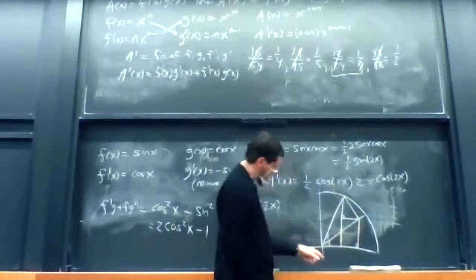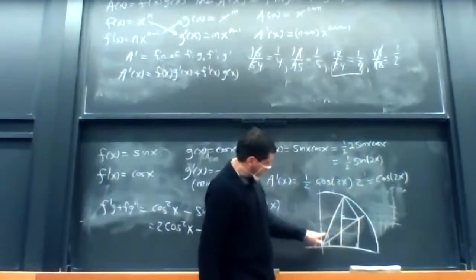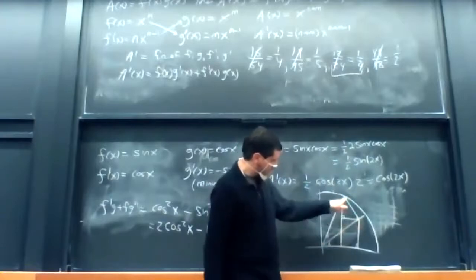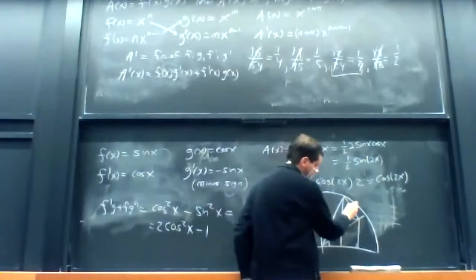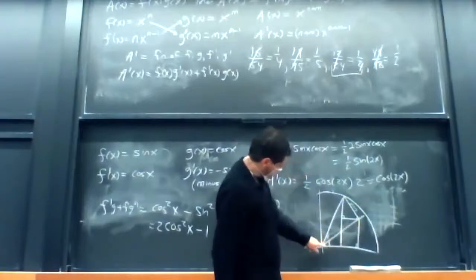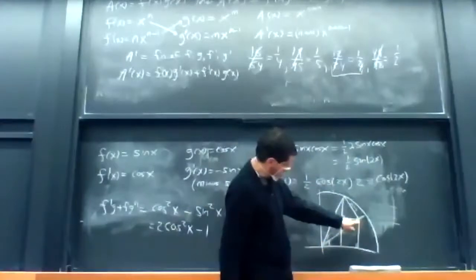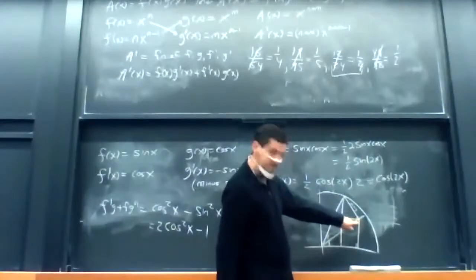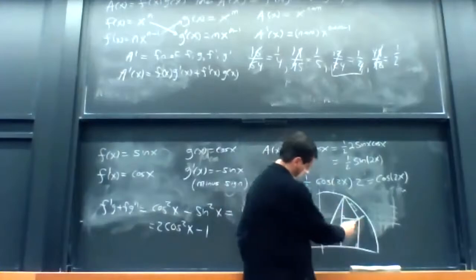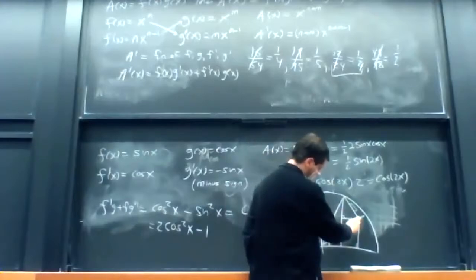If this is 1, this length here is cosine y, this is sine of y. If this angle is x, what's this angle over here? 90 minus x, right? So what would this angle be over here? That would be x again.